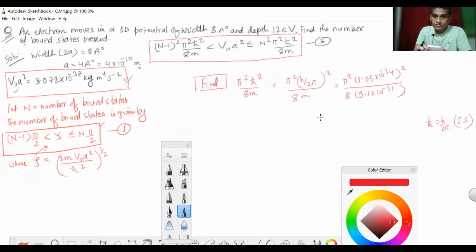So the numerator gives the value 1.088 into 10 to the power minus 67.